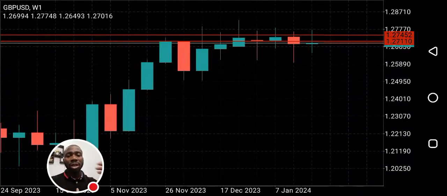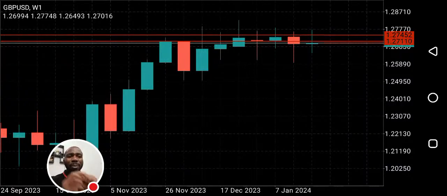When a doji or a spinning top forms in an upward trend, it indicates that the trend is changing from what? Bullish to bearish. And you can see that we've had several bearish reversal patterns at that resistance level.